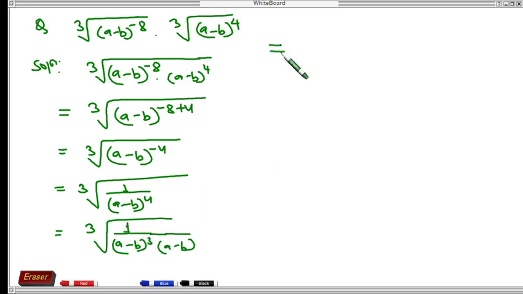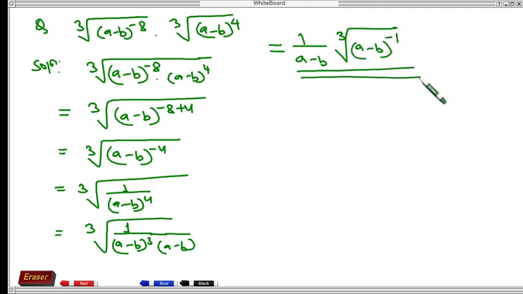Then, with order 3 and power 3, the cube can be taken out, so 1 over (a minus b) times the cube root of (a minus b) to the power minus 1. In this way we can change and simplify this question.